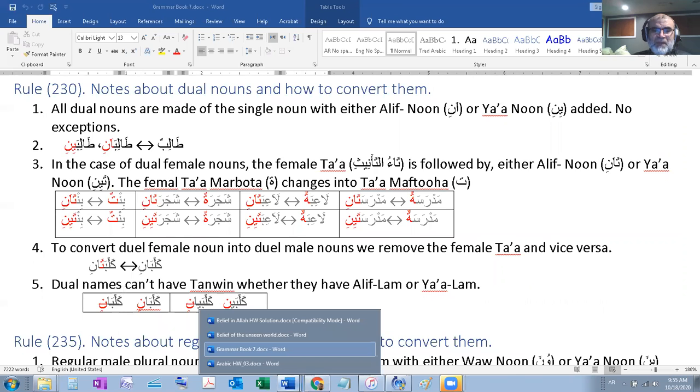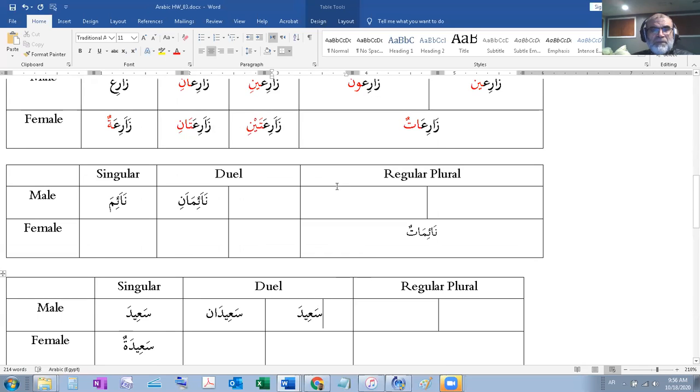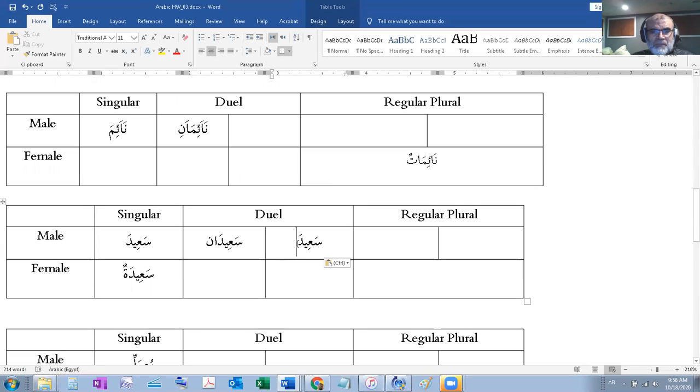Okay. So we go back to the homework. The rule says add alif noon or ya noon. So I take this and then I add alif noon. Or, sorry, ya noon. Okay?